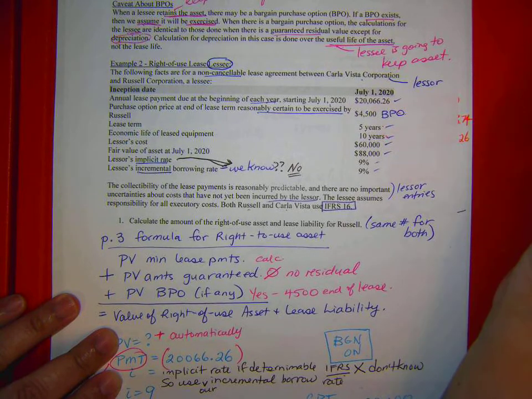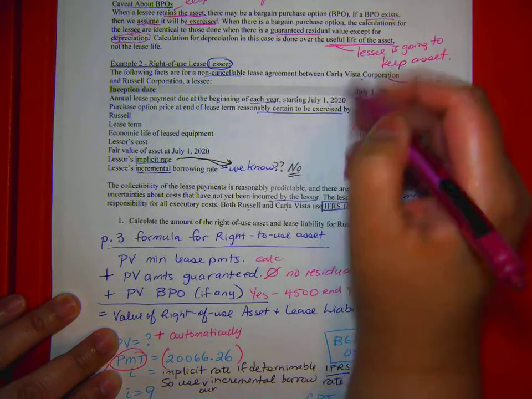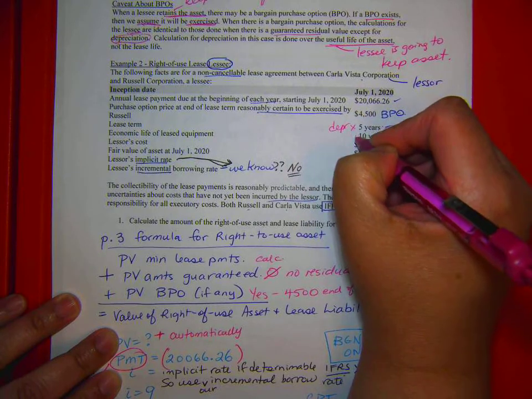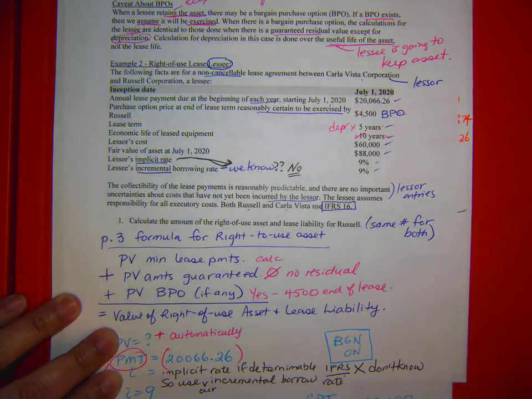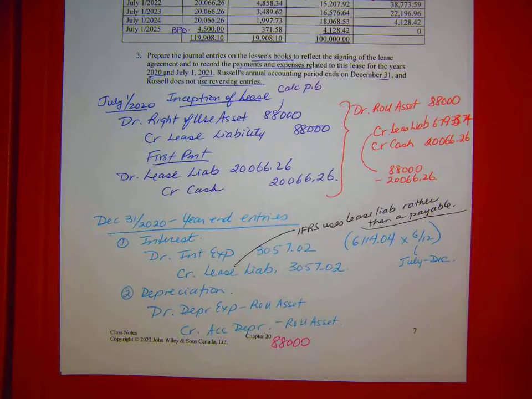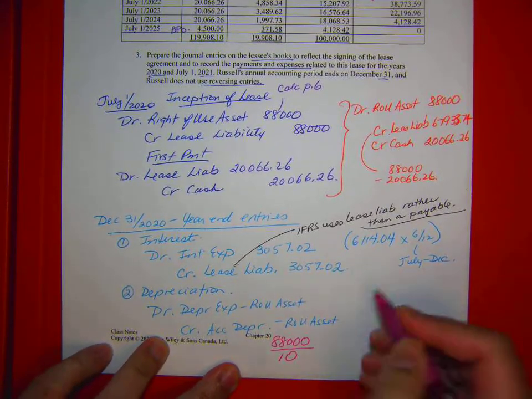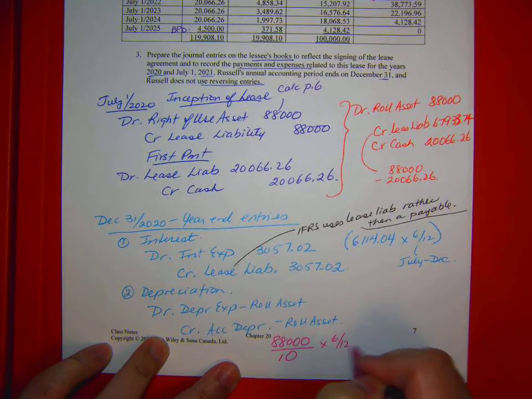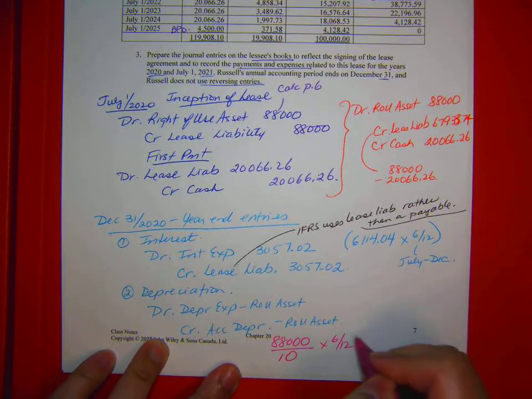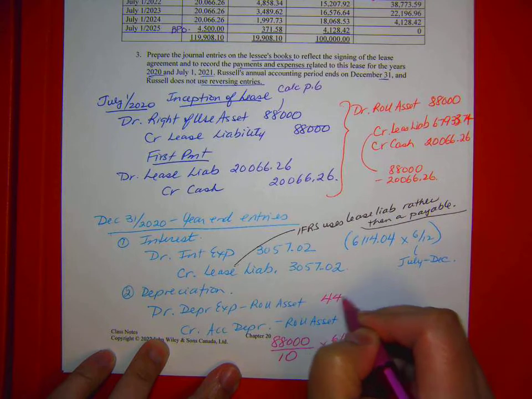So because there's a BPO, we, the lessee, are going to keep it. So we use that for depreciation. We use the 10 years because we're going to keep it. So it's going to be 88,000 divided by 10. And it's only been 6 months. So that works out to 4,400.